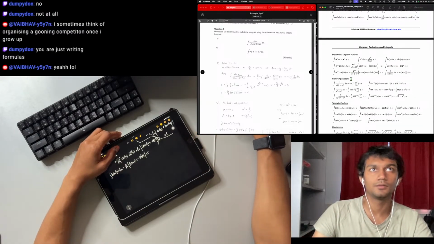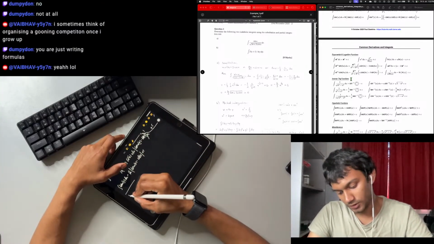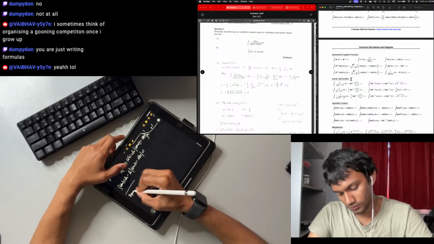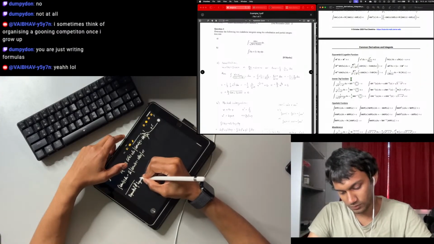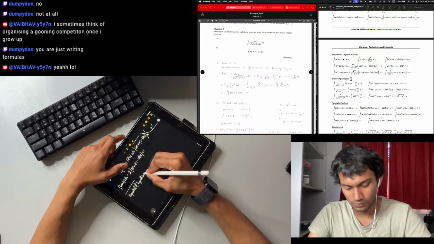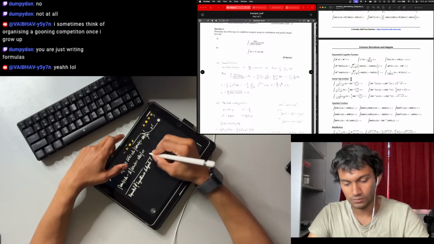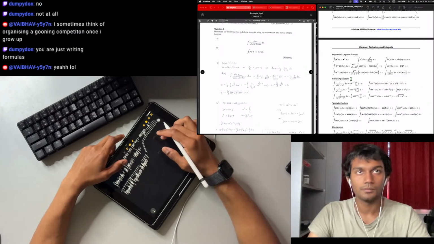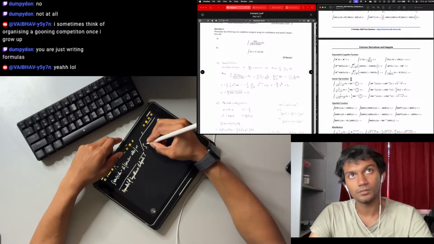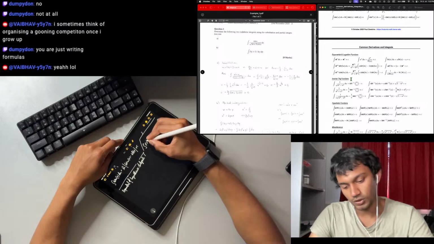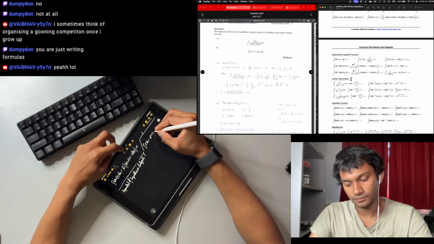What else? Common derivative integrals, exponential. Integral e raised to u du equals e raised to u plus c.